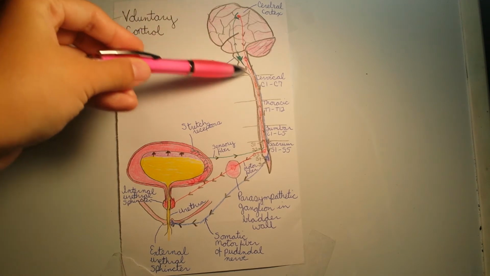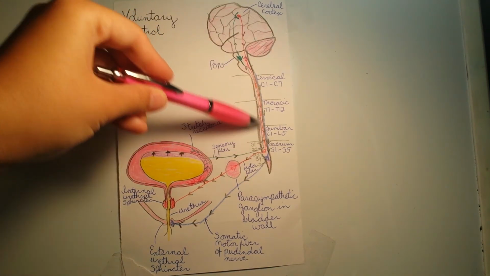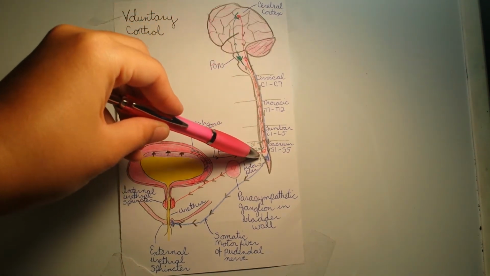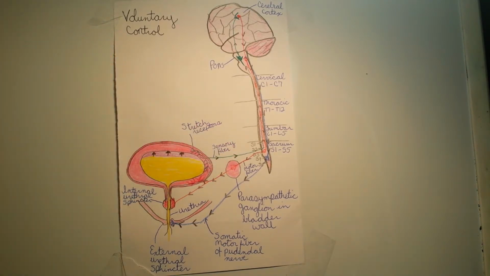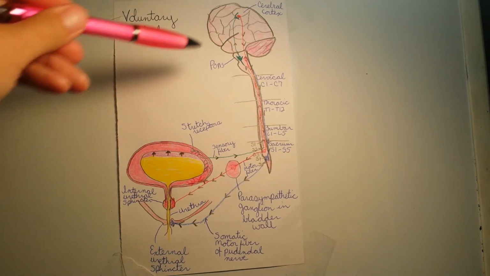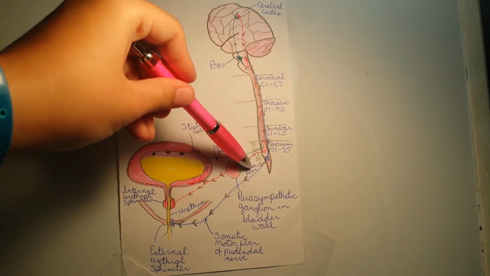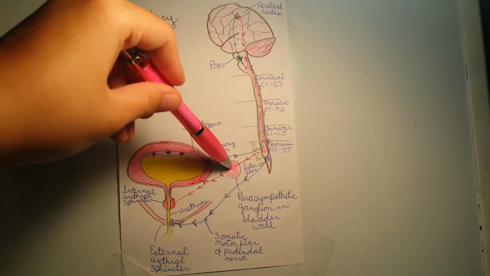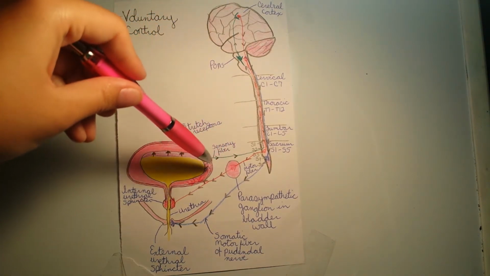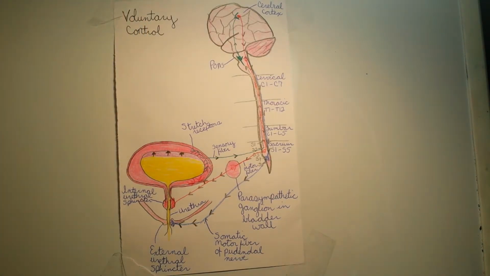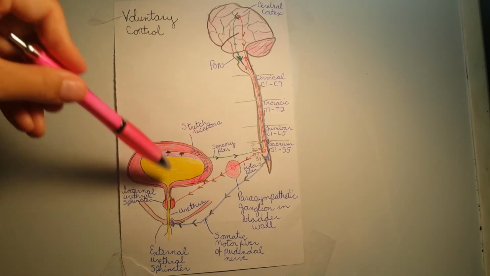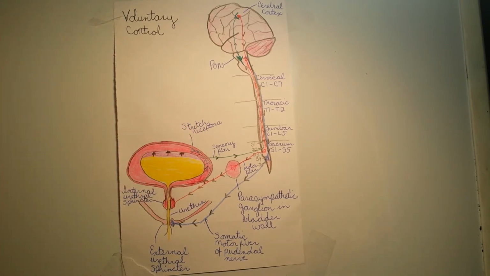So it'll go back down, the red, and enter here in the parasympathetic ganglion in the bladder, and it will excite the detrusor, which is the muscle within the wall of the bladder.